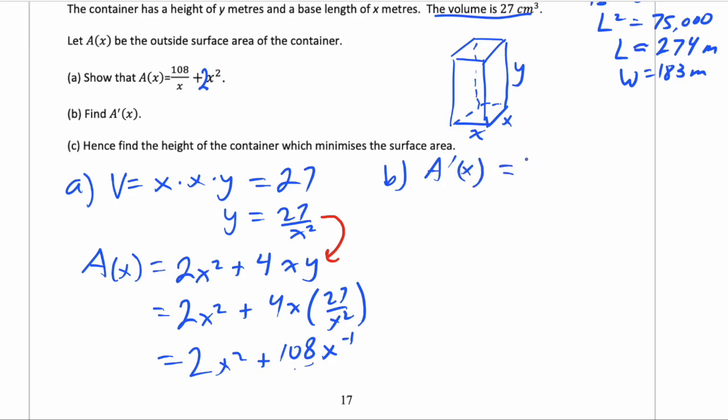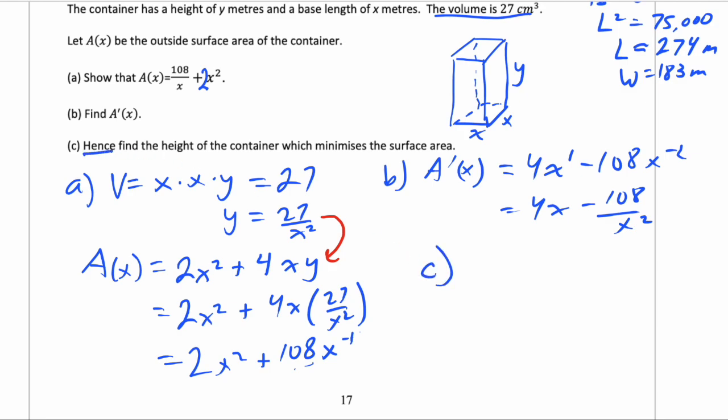So that's going to be 4x, reduce the exponent by 1. That's going to be negative 108 x to the power negative 2, or 4x minus 108 over x squared if you wish. Hence, so you have to use the derivative. Find the height of the container which minimizes the surface area. So set the derivative equal to 0 and solve that.